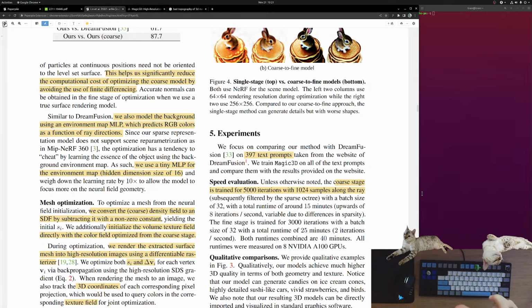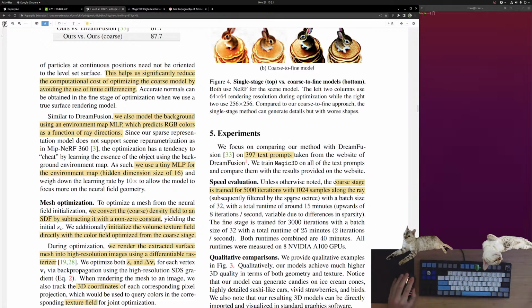For each of those pixels, you're projecting a ray into the volume which the NeRF defines. And along that ray, you're sampling 1,024 times, 1,024 little steps along each ray.